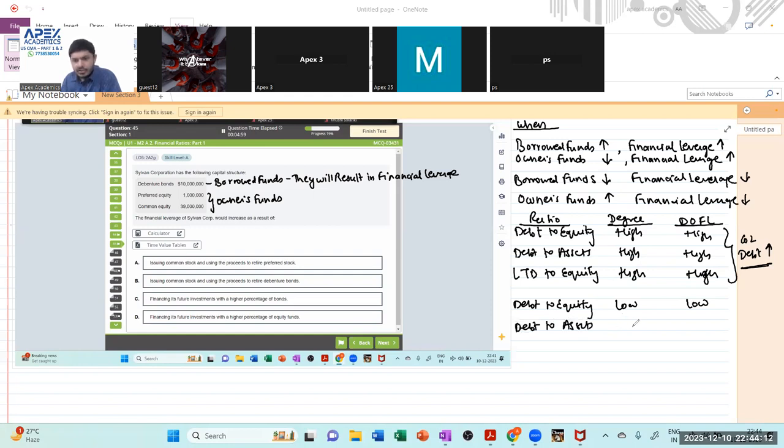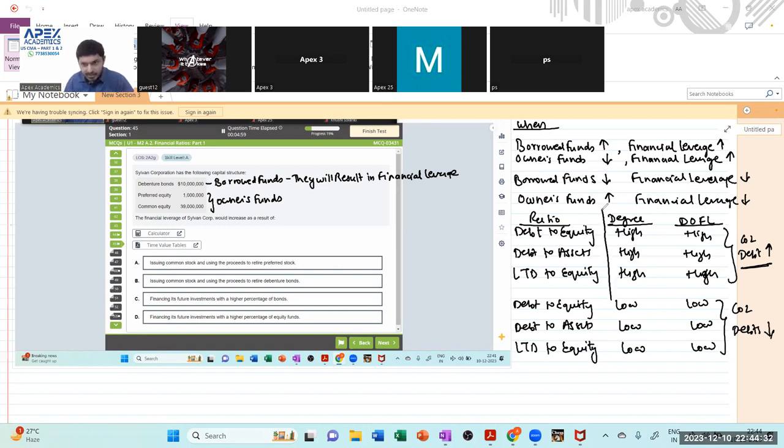When debt to assets is low, degree of financial leverage is low. When long-term debt to equity is low, degree of financial leverage is also low. Why? Because debts are low. Keep this much in mind. Am I clear about this, ladies and gentlemen? Yes or no? Please tell me that.